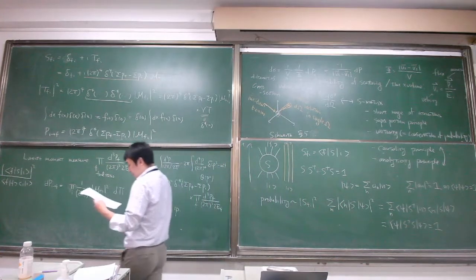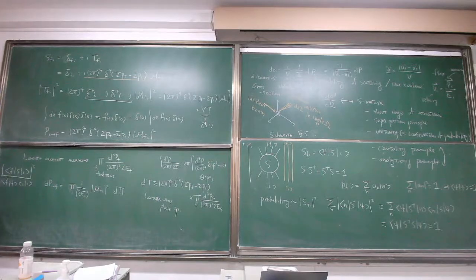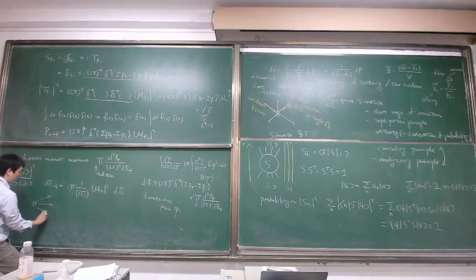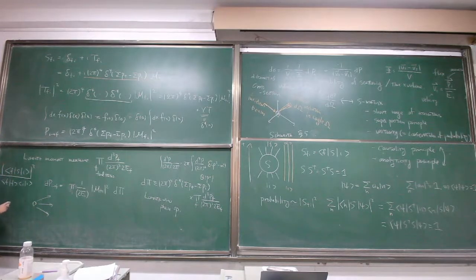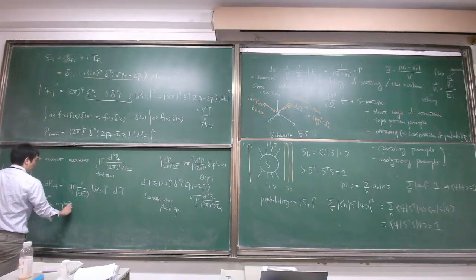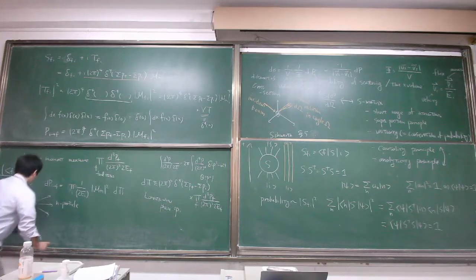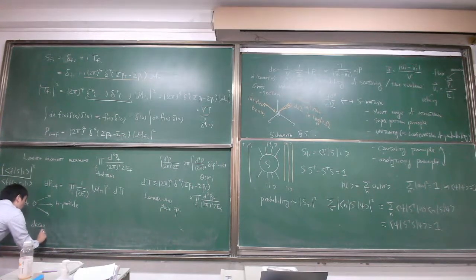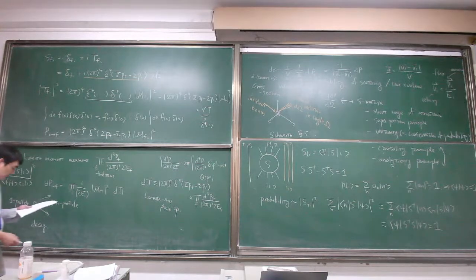Before plugging that into scattering, we have to consider the interesting case where one particle decays into multiple particles. So I is one particle going to n particles, and in this case it is called decay. As we saw in the resonance states, there is the so-called lifetime and so on.